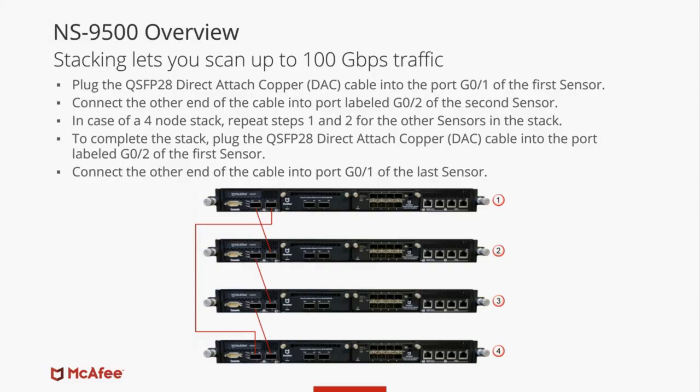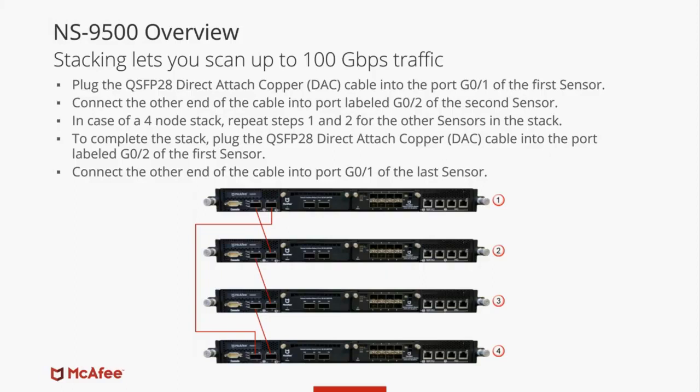You can either have 2 node or 4 node stacks, and the stacks require the direct attached copper cables, so the sensors can't be very far away from each other. They're about 3 feet long, so they pretty much have to be right on top of each other in the rack.